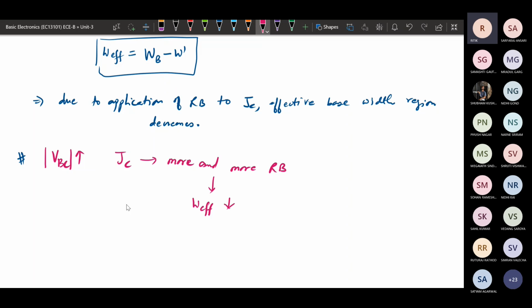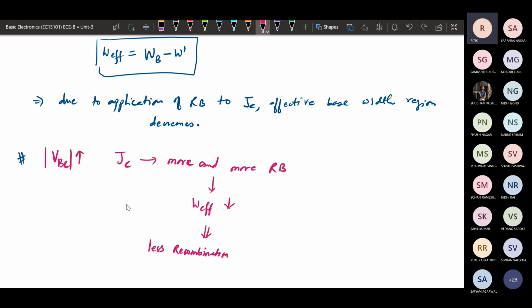Okay, so if JC is more and more reverse bias, that means the effective base width is going to reduce. So if effective base width is going to reduce, this will result in less recombination, because the base width is less. That means fewer charge carriers will be available and fewer will be combining.